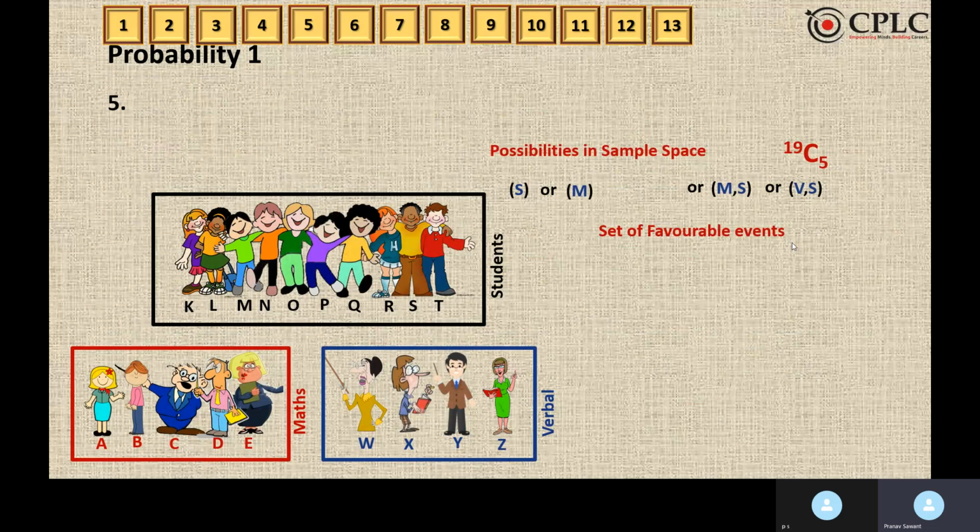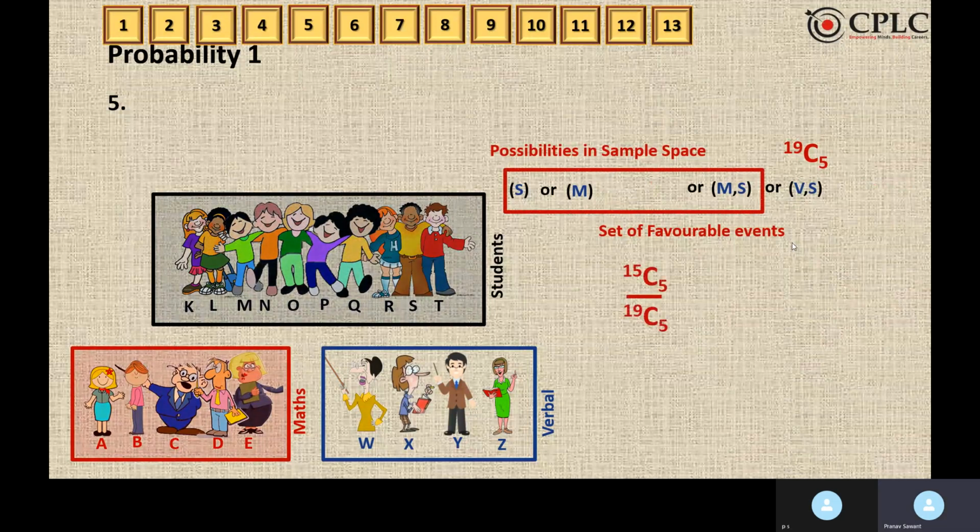So these are the only set of possible favorable outcomes: students, math, math students, verbal students, and verbal only. Over here, if you observe, these two are counted twice. That is, SM and MS is counted twice.